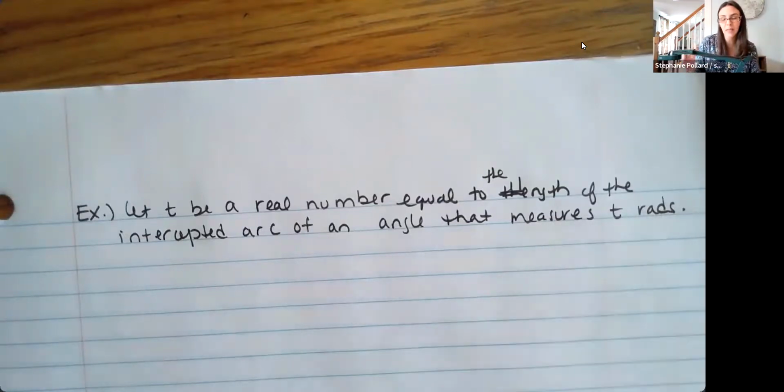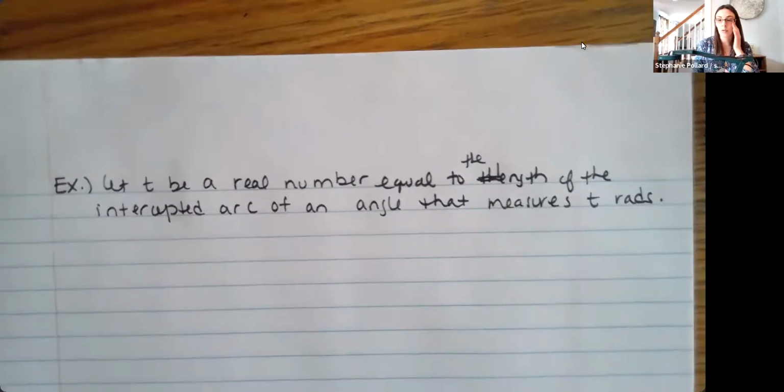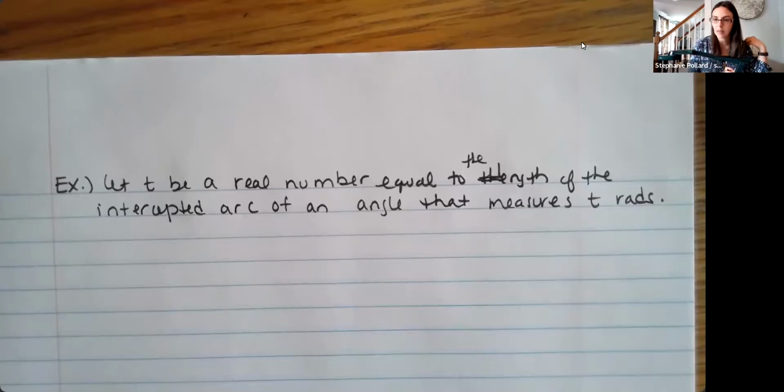And again, we're typically in radians when we're talking about trigonometric functions here. So again, you really want to get used to working with radians in those upper level math classes.